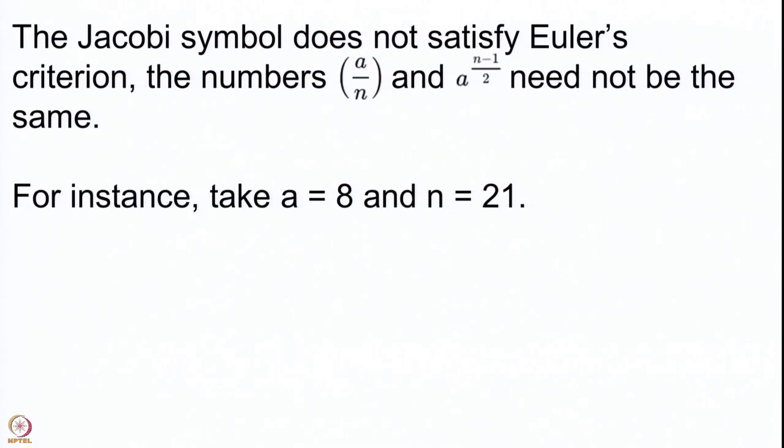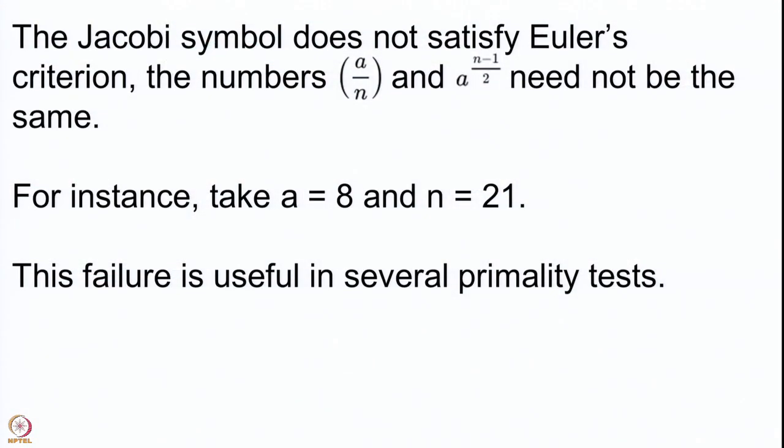For instance, you may take a to be 8 and n to be 21, and you can check that these two numbers, 8 by 21 and 8 power 21 minus 1 by 2, which is 8 power 10, are not the same modulo 21. So, this is a failure of Euler's criterion in general for the Jacobi symbol.